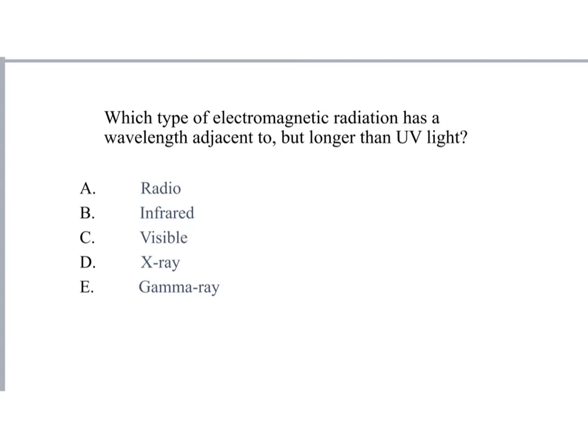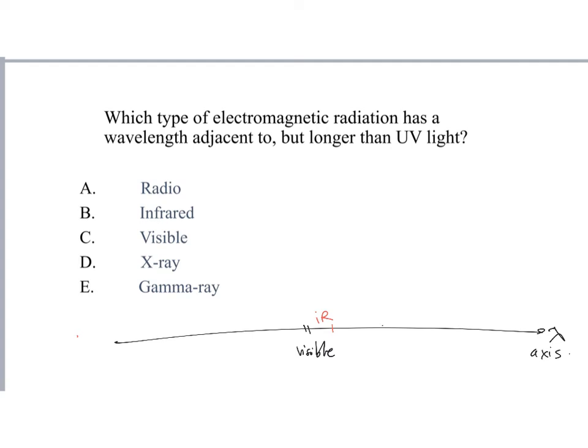Hey, here's another question. Which type of electromagnetic radiation has a wavelength adjacent to but longer than UV light? So let's put it again on, say, the wavelength axis. Somewhere here is visible. All right, so adjacent to the visible but longer wavelength is going to be infrared, right?